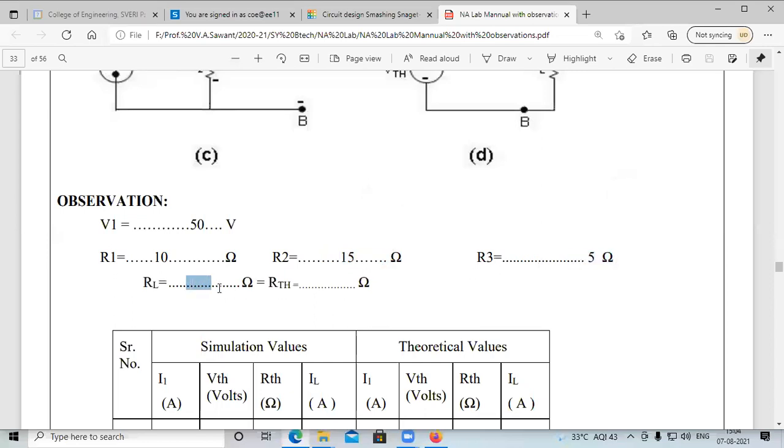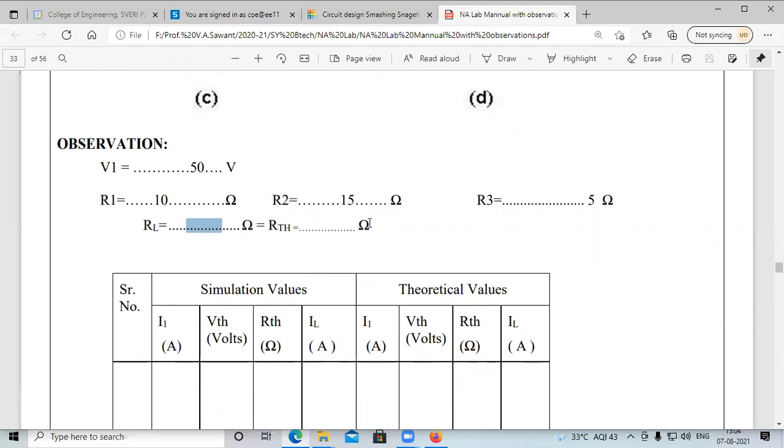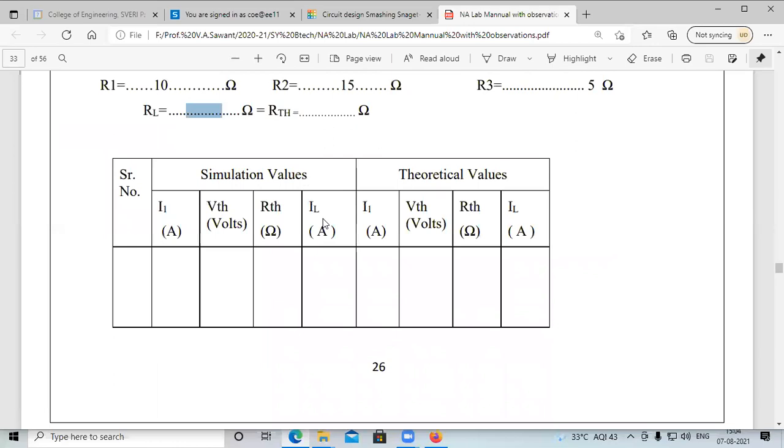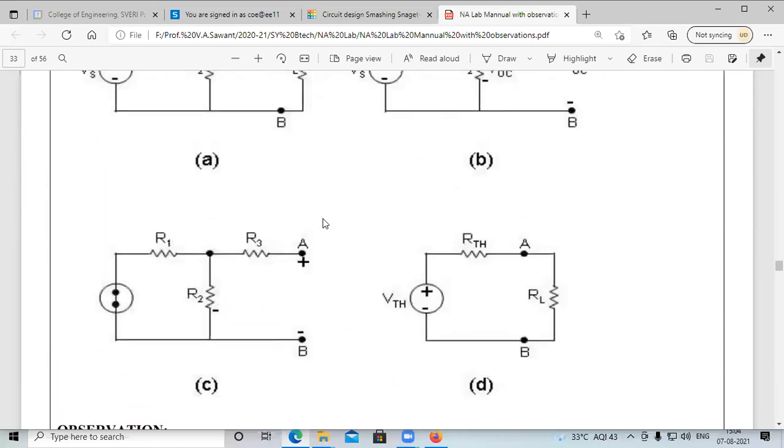I have not given the value of RL because in the maximum power transfer theorem, the value of RTH equals RL. This is the condition under which we can transfer maximum power from source to load, or from one end to the other. So whatever value of RTH comes out, represent the same value as RL.